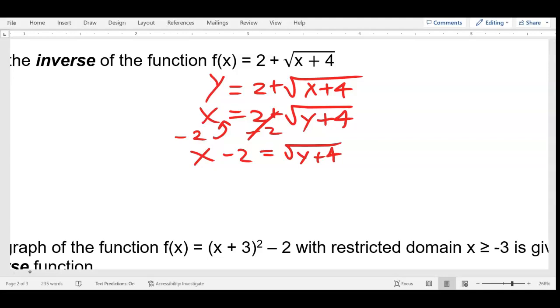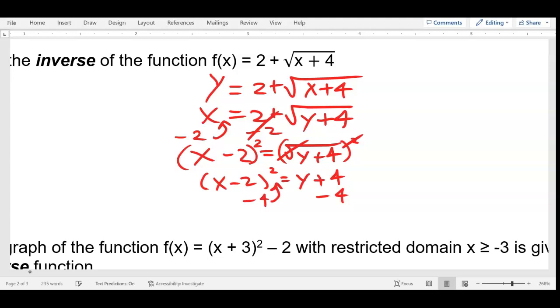Now remember, to get rid of a square root, we're going to have to square it. So that means this whole side, we're going to have to square it. Square root and square cancel out. So now I have x minus 2 squared equals y plus 4. And then to get y by itself, I'm going to get rid of the plus 4 by subtracting 4. This minus 4 does not combine with the minus 2.